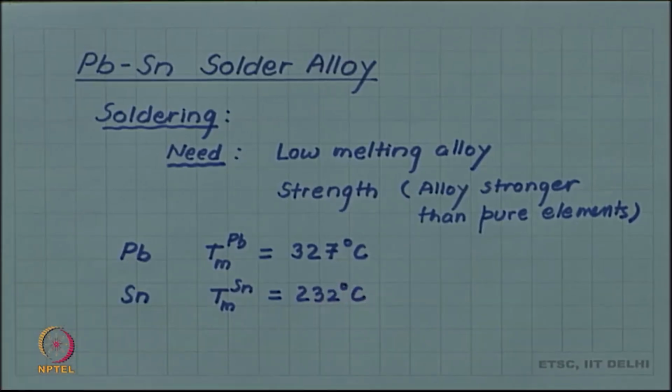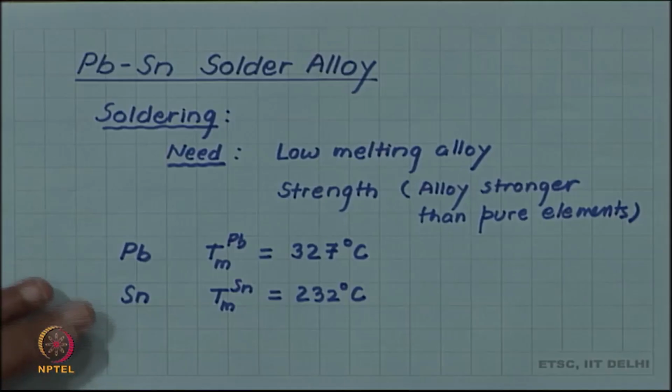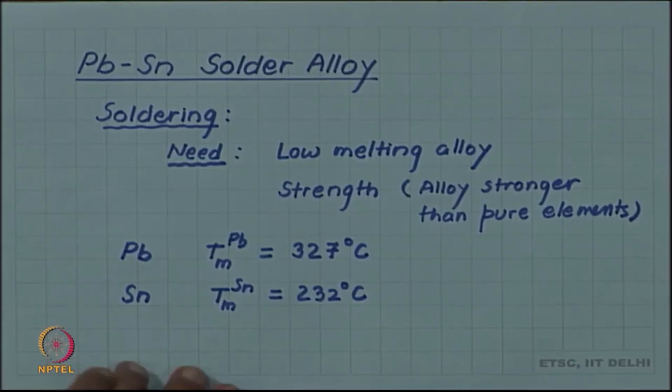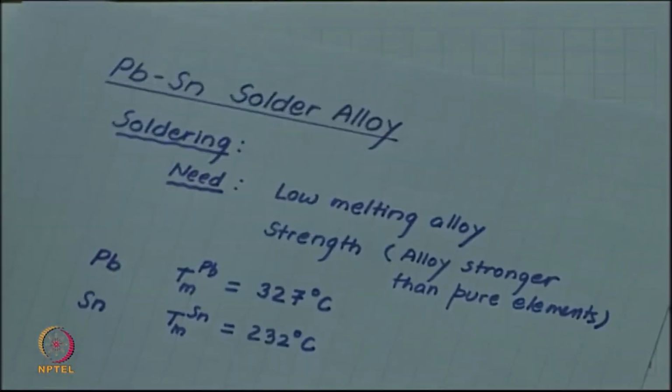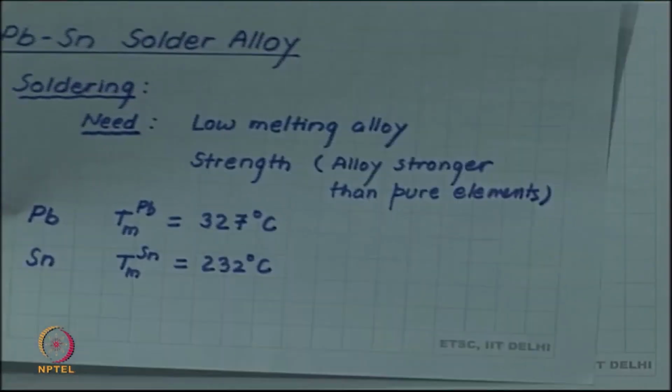So, hopefully, since we are adding a lower melting point alloy in a higher melting point system, probably we will get an alloy which may have even lower melting point, which will be even better from the point of view of soldering, because you want to heat it to melt it, and this heating will be easier or melting will be easier if the melting point is low. So, let us look at what the lead tin phase diagram looks like.